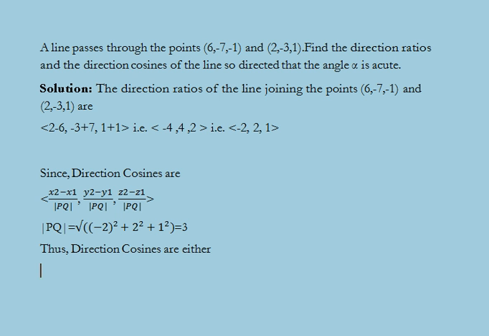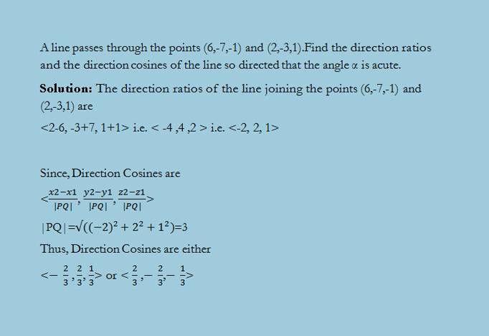Thus, using the above formula, we have the direction cosines as either -2 by 3, 2 by 3, 1 by 3, or 2 by 3, -2 by 3, -1 by 3.